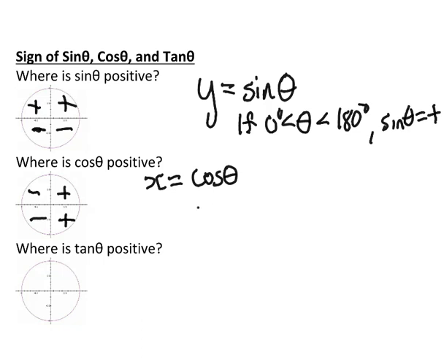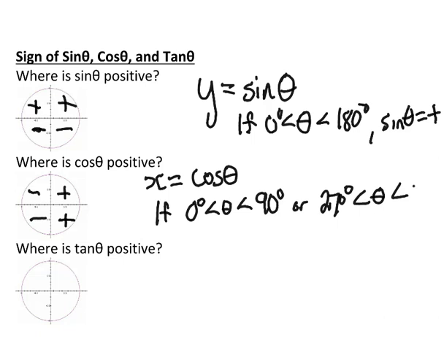So if theta is between 0 degrees and 90, just that first quadrant, and also from 270 over to 360, then in that range cos of theta is positive. So this is quadrants 1 and 4, where cos of theta is positive.